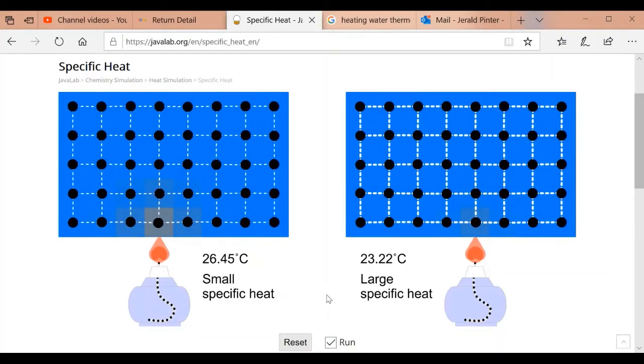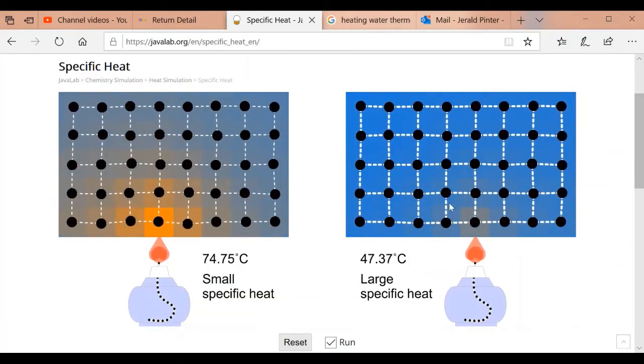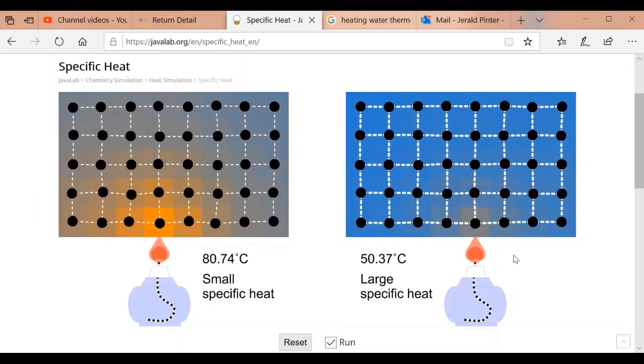As you can see, once we turn on the fire, we can see the thermal energy start to increase as these things heat up. But notice that the material over here with the small specific heat is changing temperature much more rapidly than the material over here with the larger specific heat.